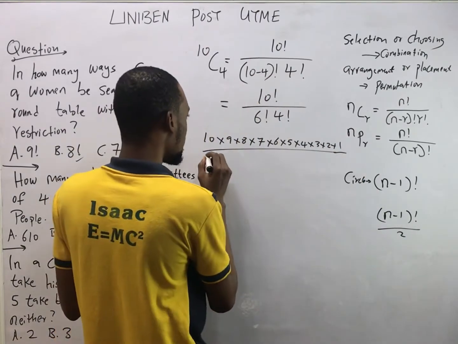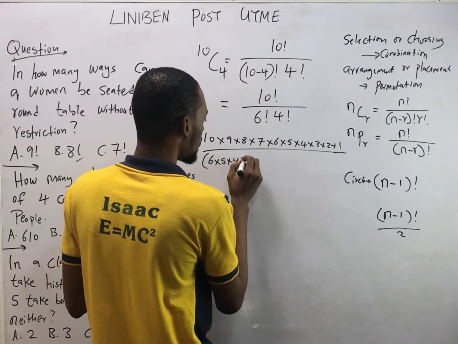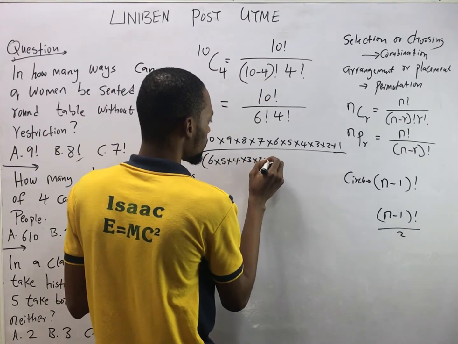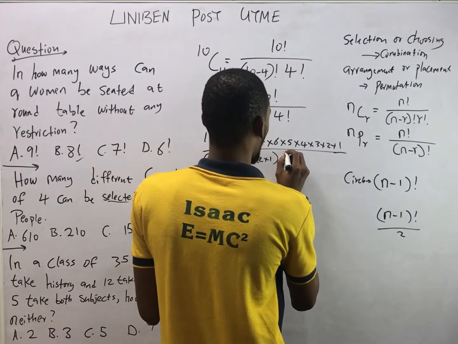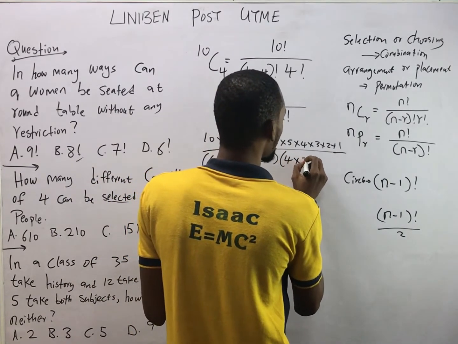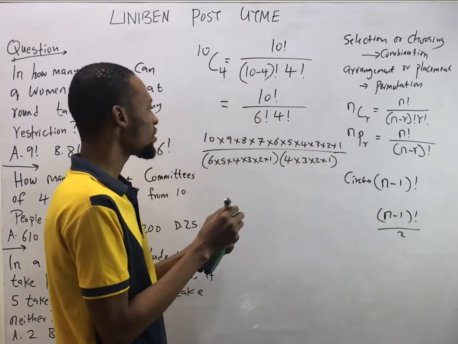Then 6 factorial is 6 times 5 times 4 times 3 times 2 times 1. Then 4 factorial is 4 times 3 times 2 times 1.